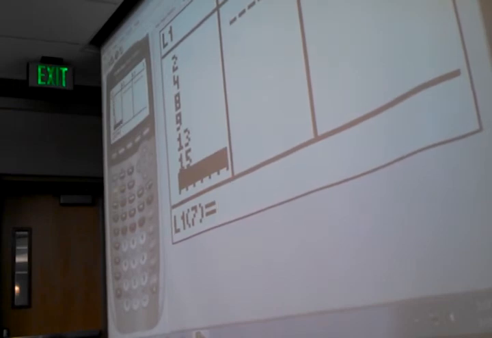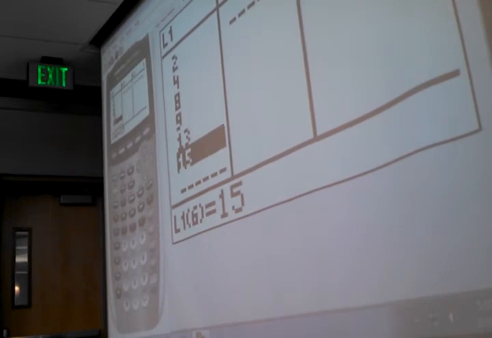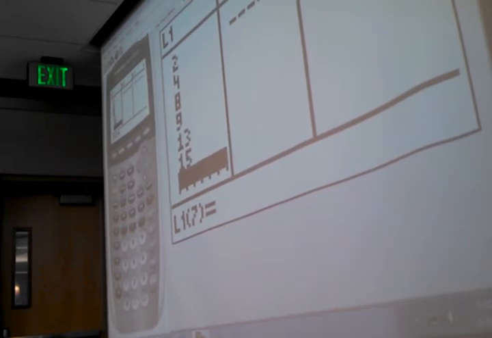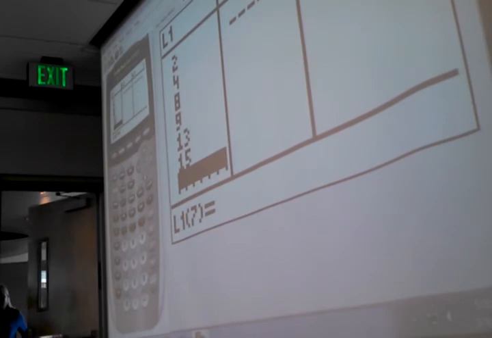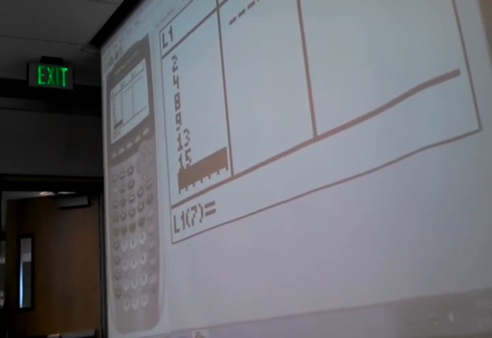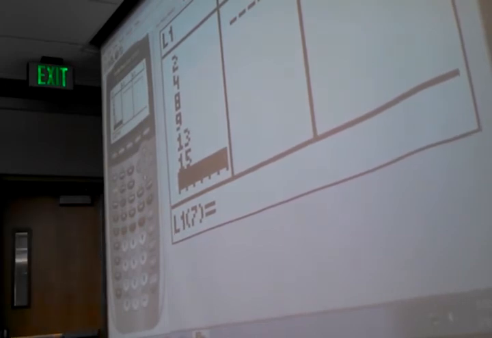So how do I find the mean? Add them all up. Yeah, so if you add them all up, you get 14, 23, 36, 51, maybe. And then divide it by 6. It'll be 8.5, I think. How are we doing so far? Okay, cool. So those are my x's. I know that my mean is 8.5.